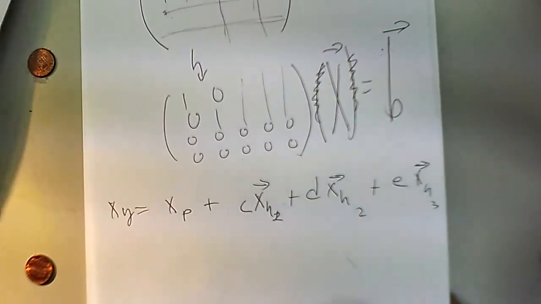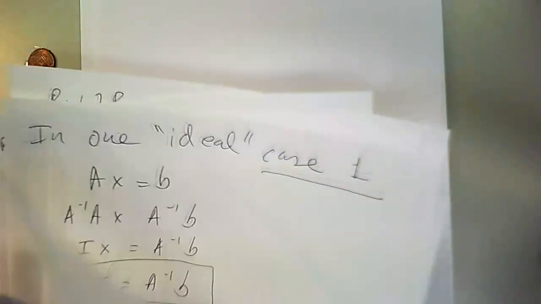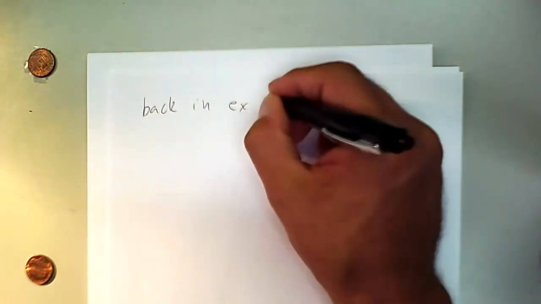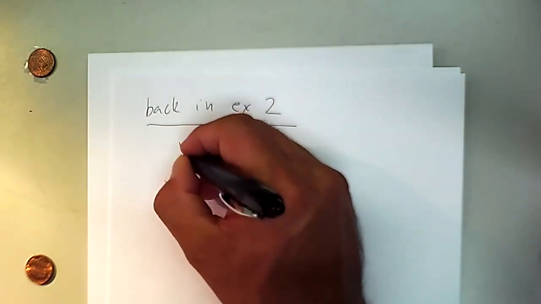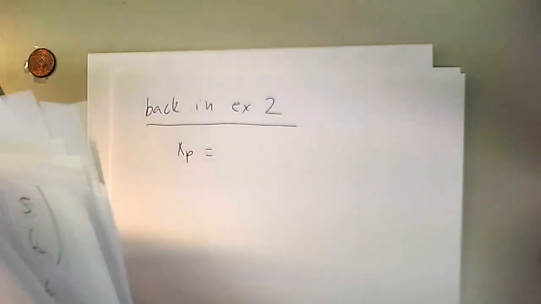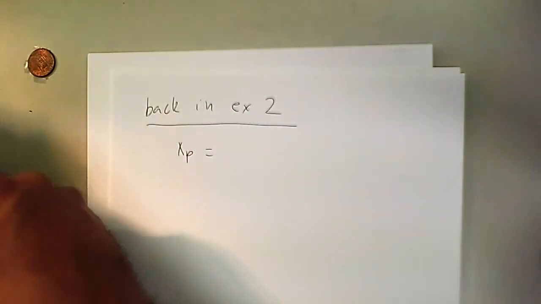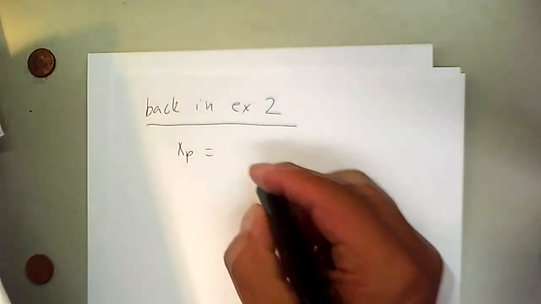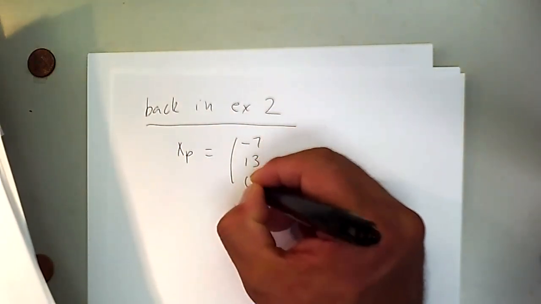The one thing I wanted to bring back from example 2. Back in example 2, remember what we did? We found a particular solution, negative 7, 13, 0.